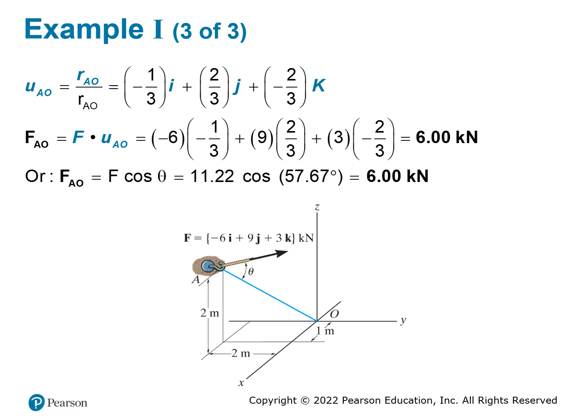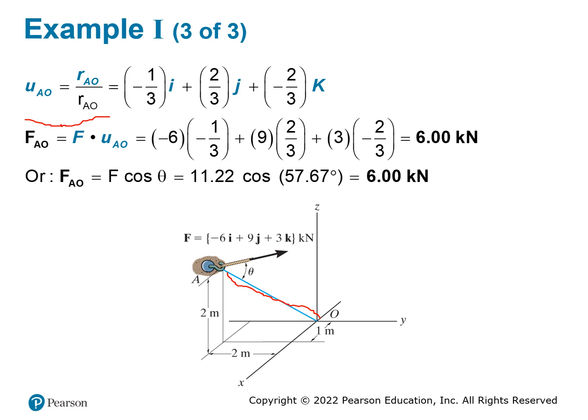And if you want to find how much force is along this line here, then you need to find the unit vector of r_AO, and we just showed that the r_AO vector divided by the magnitude of itself gives you the unit vector.